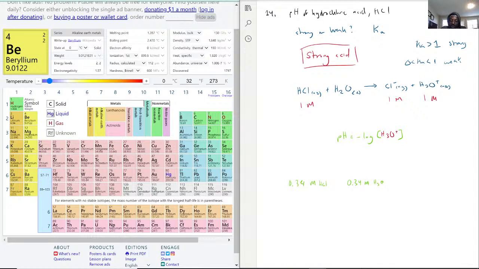Meaning that you can just plug this number into that equation, negative log of 0.34, and you get a pH of 0.47, rounded. That is a very low pH, which is fitting for this strong acid. It's just a 1-to-1 ratio. All of it dissociated, hence how we got this pH.